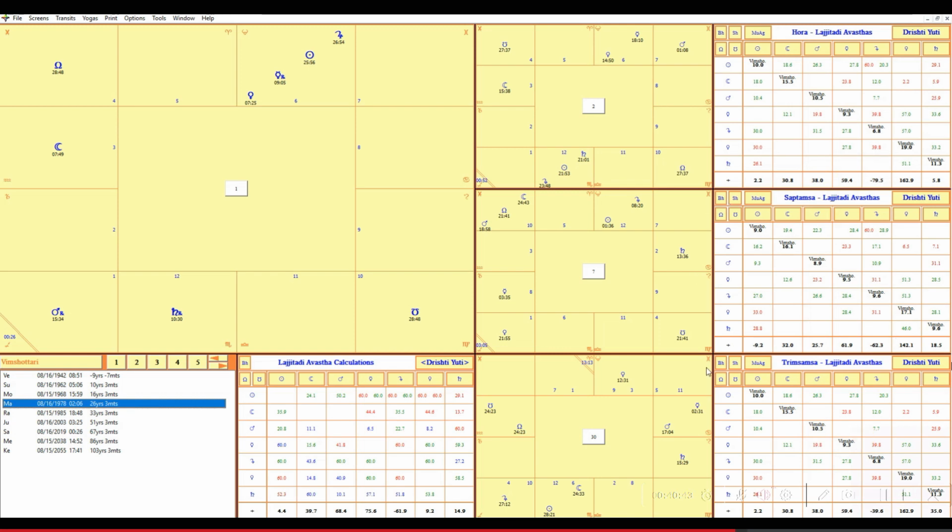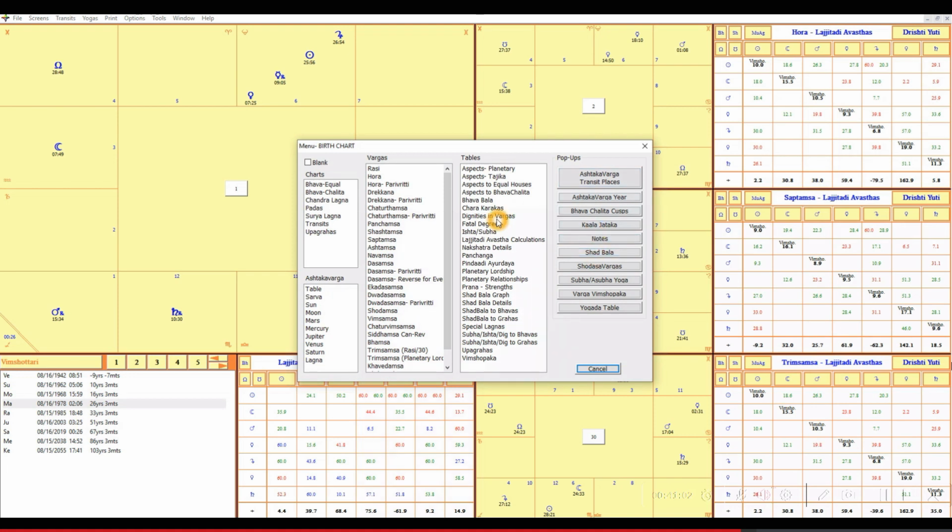Okay? Now in this Trimsamsha, you could safely say, wow, your body has got no juice to keep up. However, you're vitalizing yourself because of your partner. Because Mars is in, well, it's only a neutral sign there. Let's find a place where Mars is in a good dignity here.